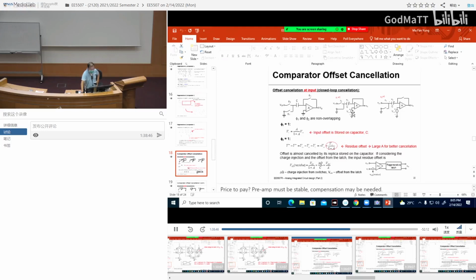If you analyze this circuit, you'll see that the voltage stored across the capacitor is VC equals the offset voltage times A divided by 1 plus A. So what is the value of VC if A is very big?